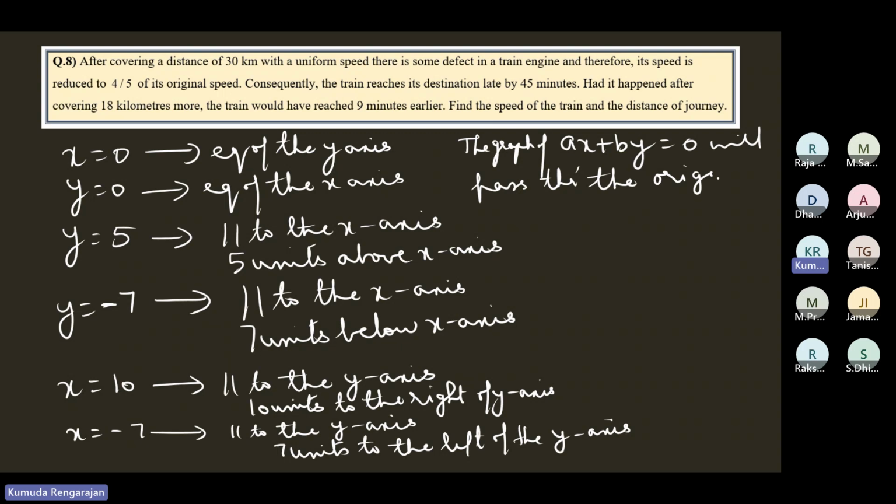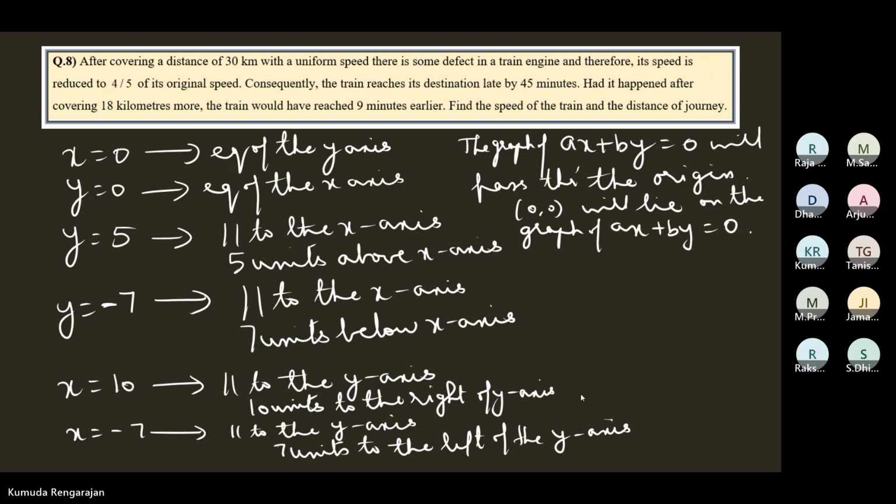That means (0, 0) will lie on the graph of Ax plus by is equal to 0. So this is what we have understood. This is the summary of what we have understood in the graph part of linear equations.